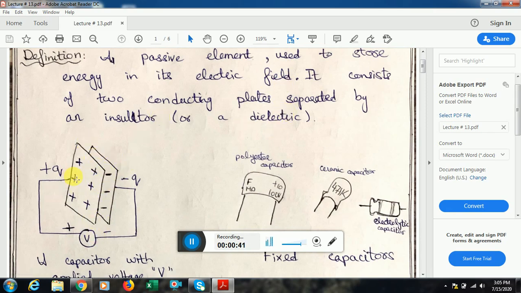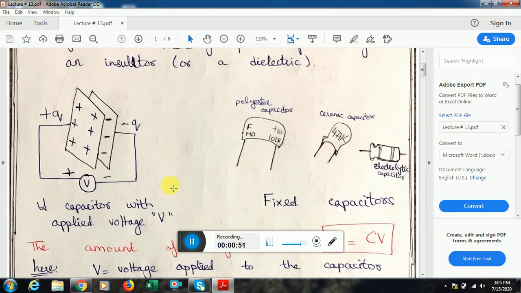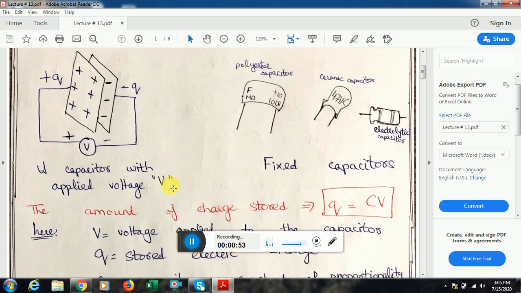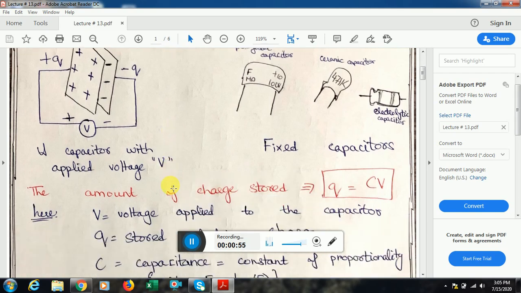On one plate we have positive charge, on the other we have a negative charge, and a voltage is applied. When a voltage is applied, the movement of charge takes place, which makes the current flow. As you know, by definition, current is the flow of charge. So the total charge stored in this capacitor is Q, and Q is equal to CV.